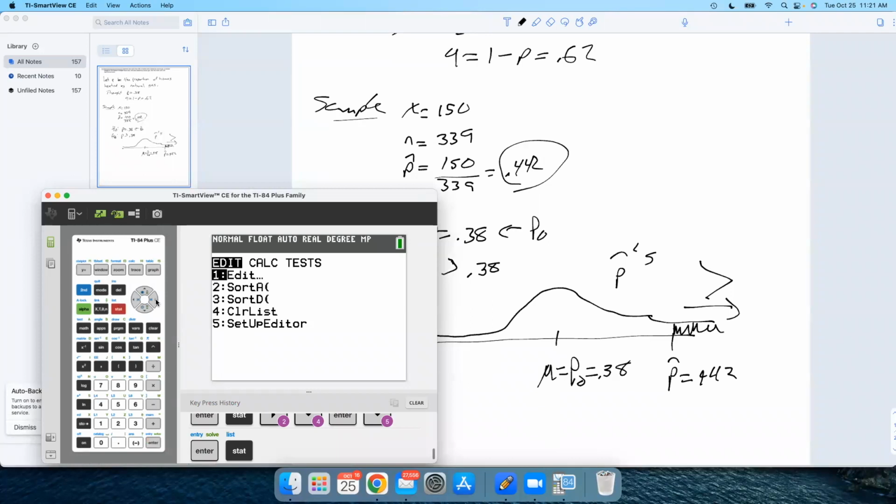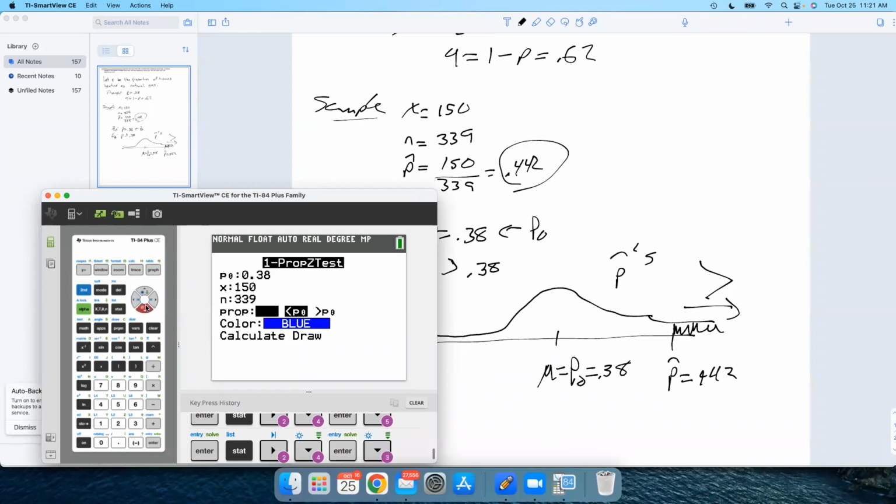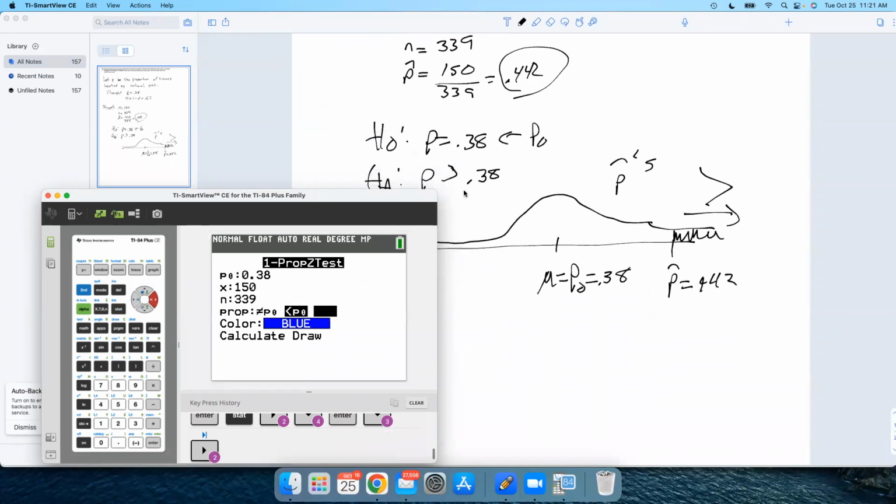Okay, so when we go back in here, this is the correct one. Look what I wrote right there, greater than. See how I wrote greater than? See how I shaded above? I want greater than. I wish the calculator wrote this out better.